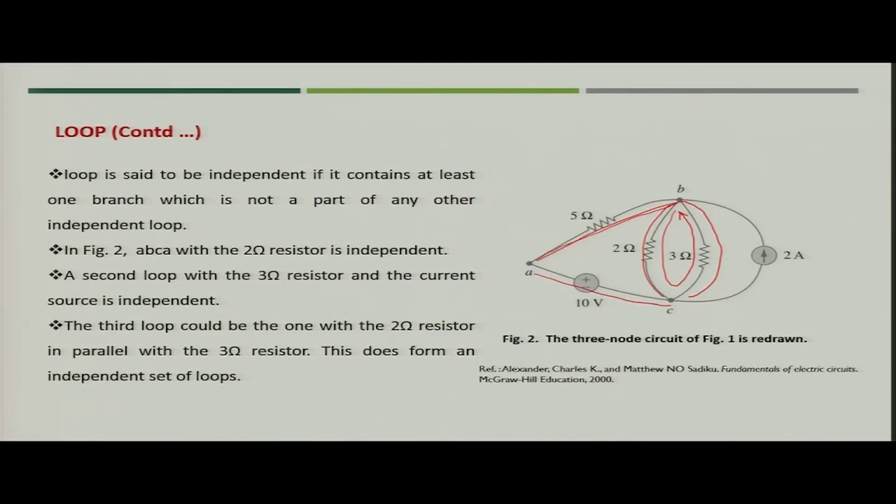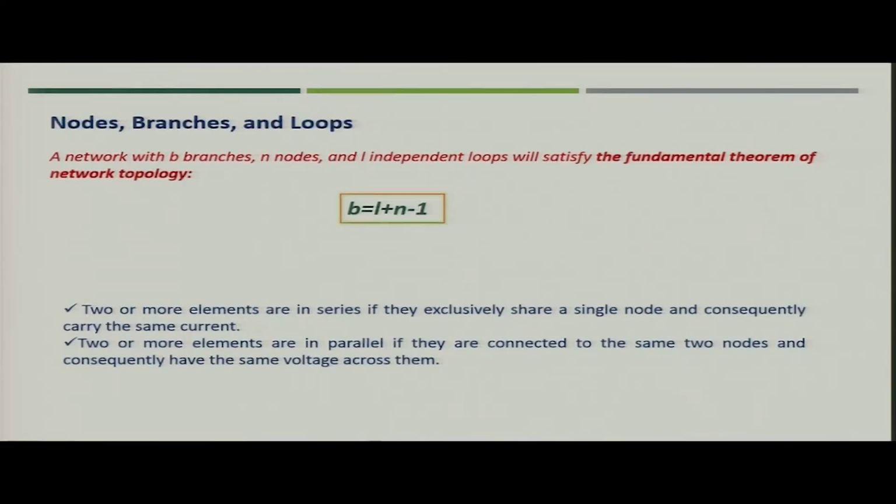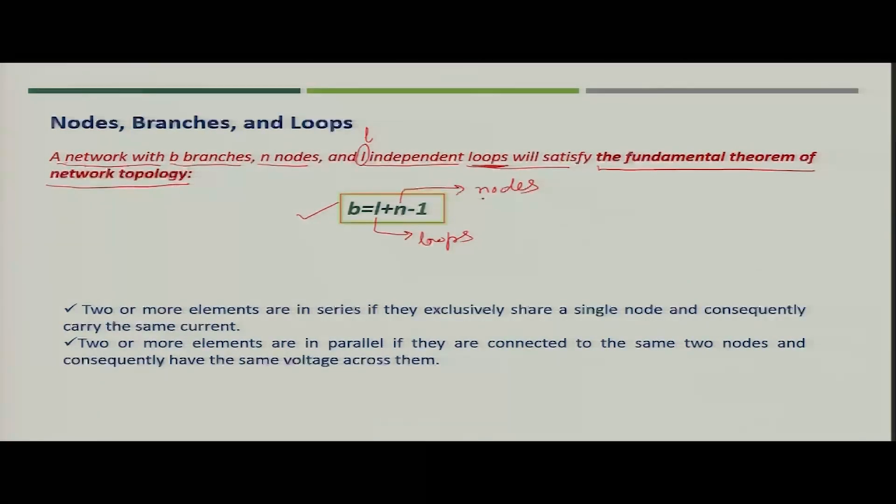Now, the question would be how you will find out whether you have got the correct number of loops or not. For that we use the fundamental theorem of network topology: B is nothing but L plus n minus 1, where L is the number of loops, n is the number of nodes and B is the number of branches. You can find the number of nodes and the number of branches, so you can easily find the number of loops.